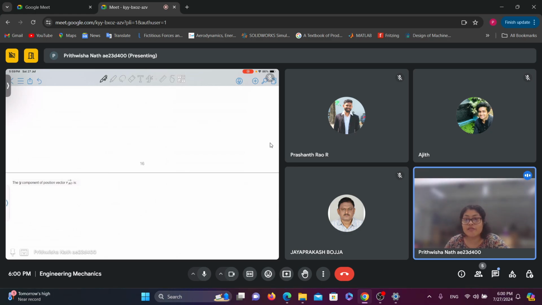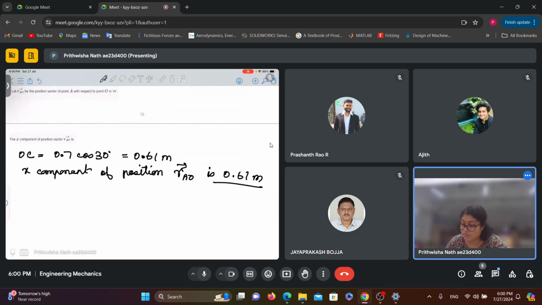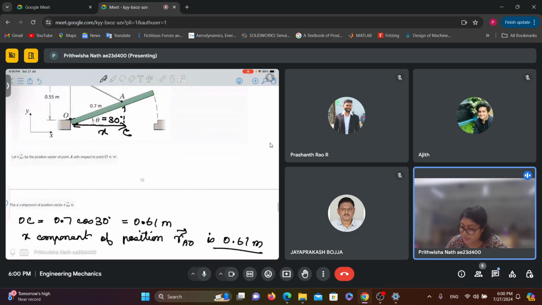Similarly, we need to find the y component of position vector. Can someone tell me how can we find out the y component?